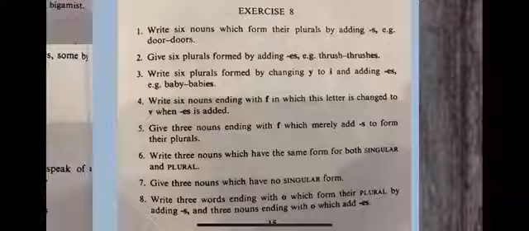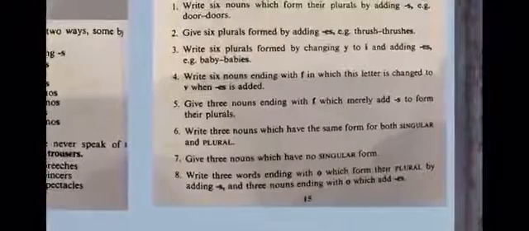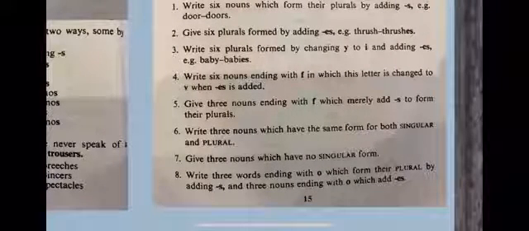Write 3 nouns which have the same form in both singular and plural, like deer, sheep. Give 3 nouns which have no singular form, like these. Fine. Write 3 words ending with o which form their plural by adding s, and 3 nouns ending with o which add es.